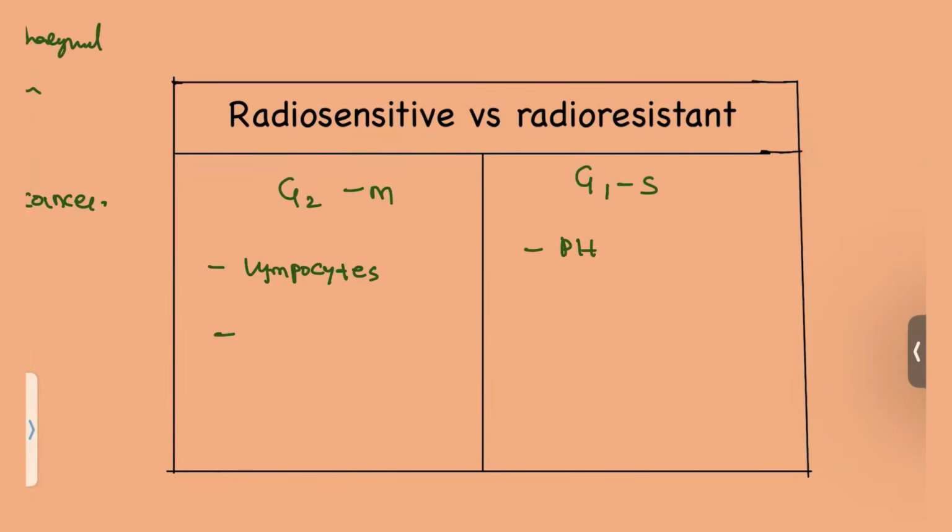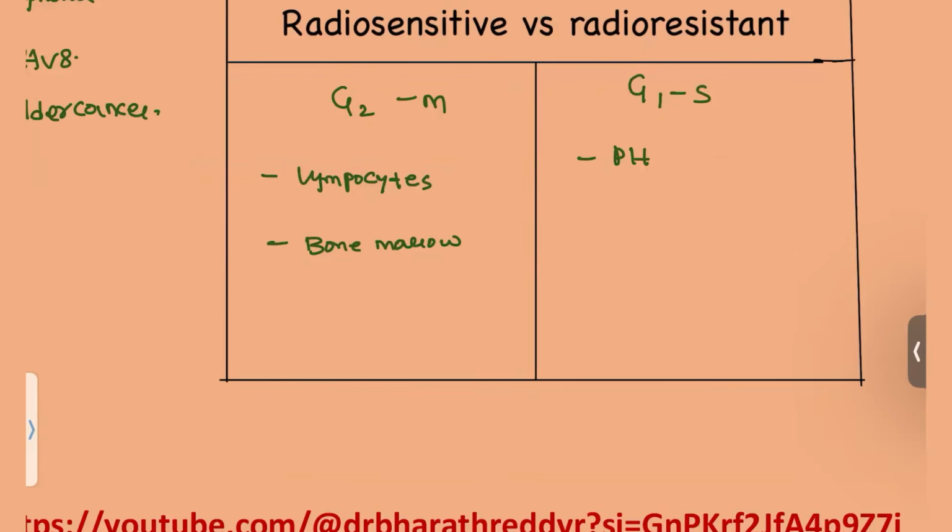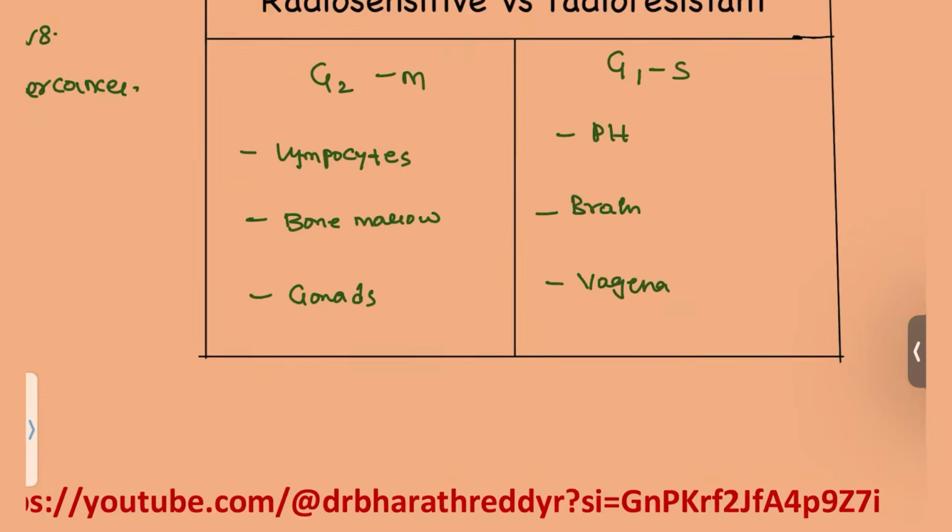Radiosensitive tissue is the bone marrow, which is easily damaged by radiation, and the gonads are also damaged. The brain is radioresistant; you don't see brain diseases after radiation. The vagina is radioresistant epithelium.